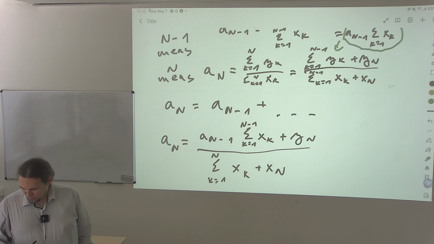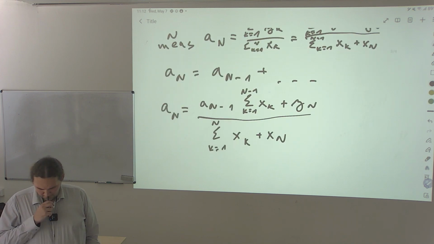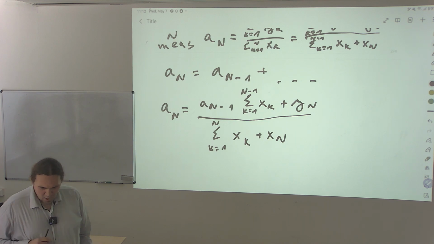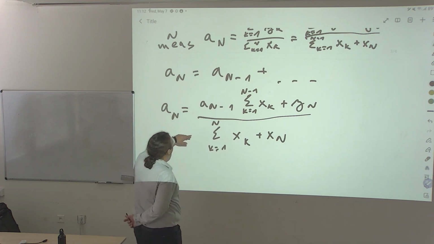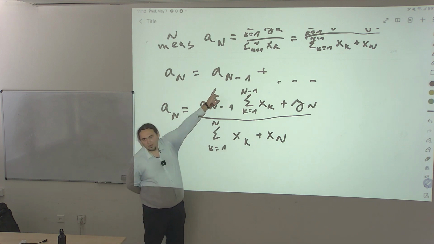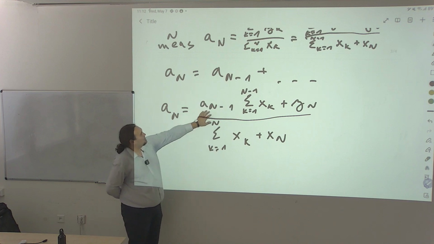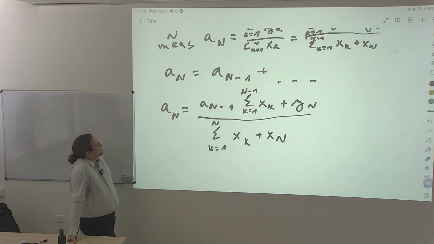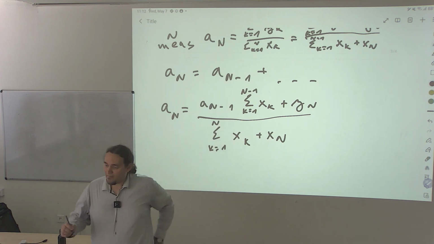And what do we need to do now? Basically, what would be your idea? How can we eliminate the an minus 1 from here? Sorry, there should be n minus 1.